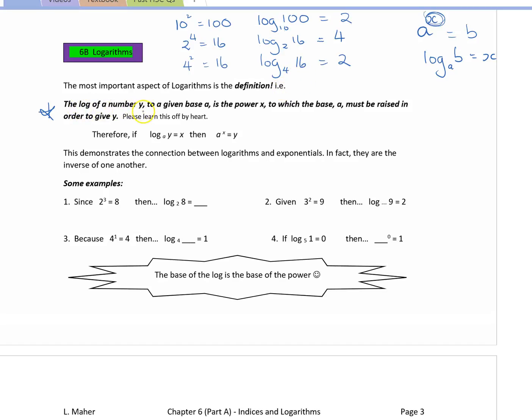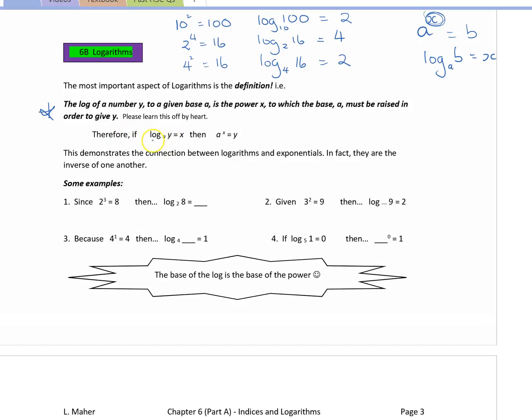So the log of a number y to a given base a is the power x to which the base a must be raised in order to give y. That sounds probably just like double Dutch at the moment. However, it has to be something that you can recite and fully understand.